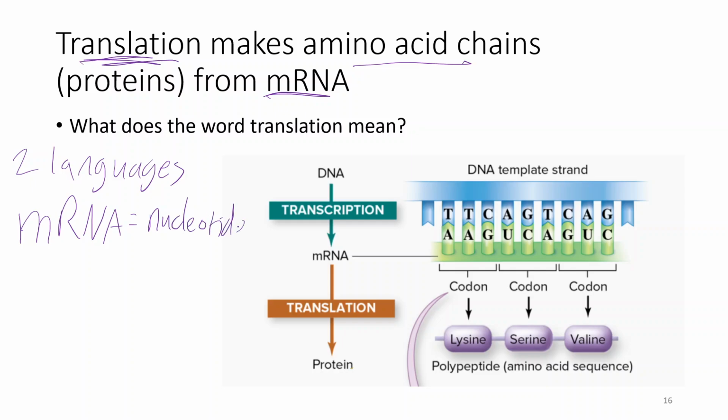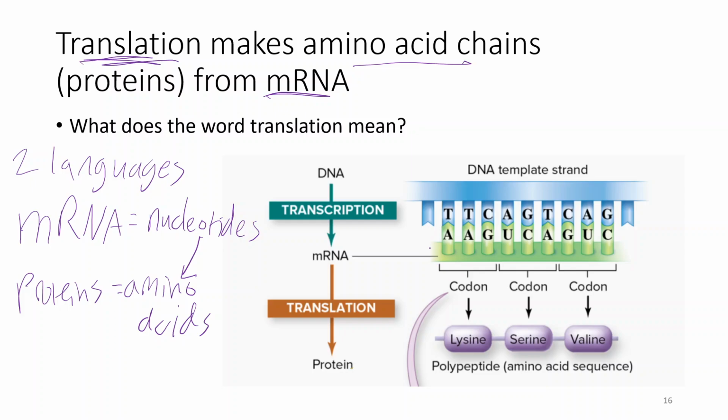The language of proteins is amino acids. So we have to translate from the language of nucleotides to the language of amino acids.